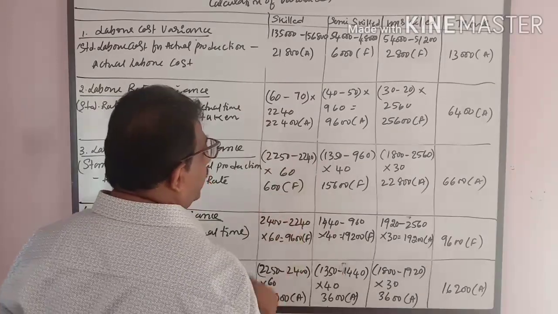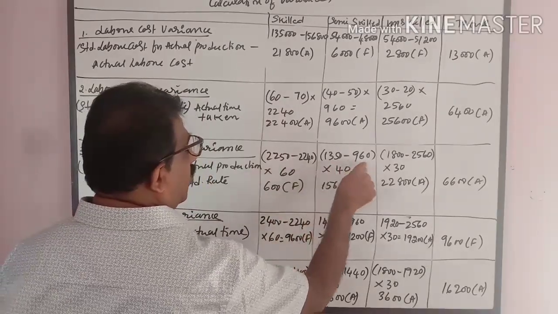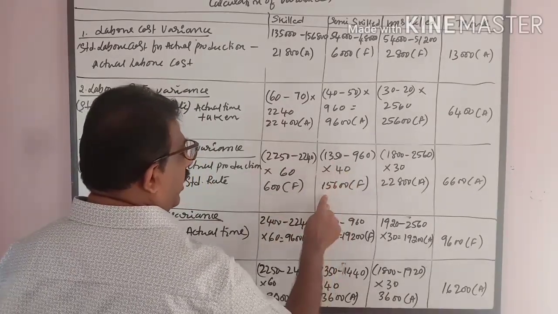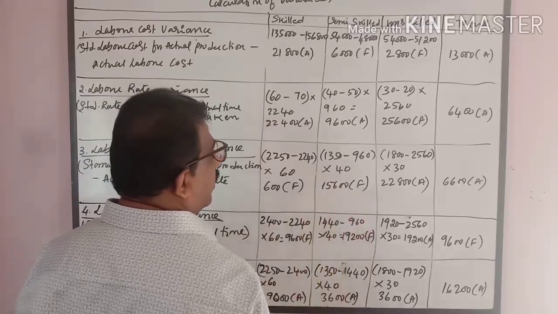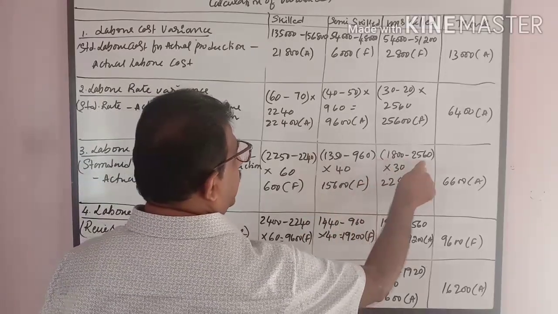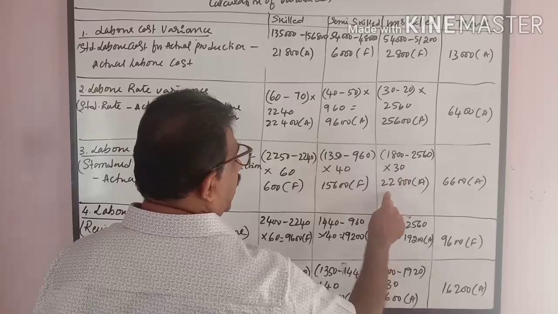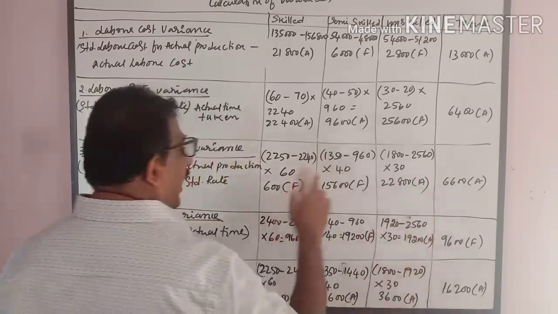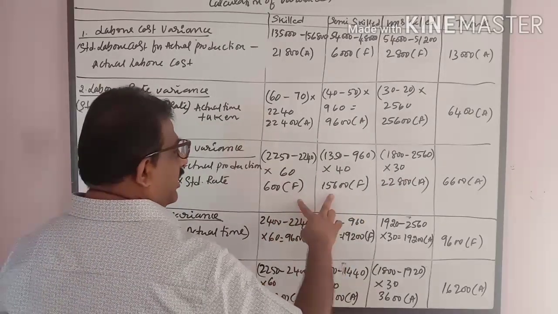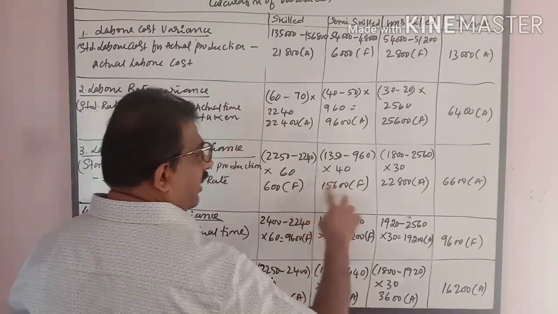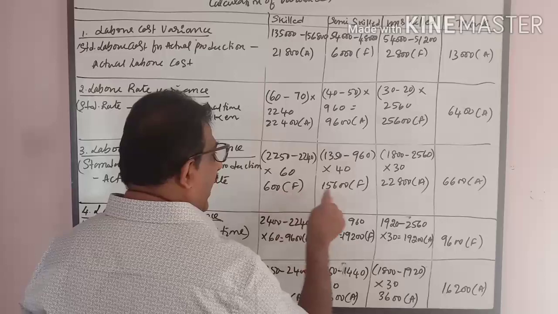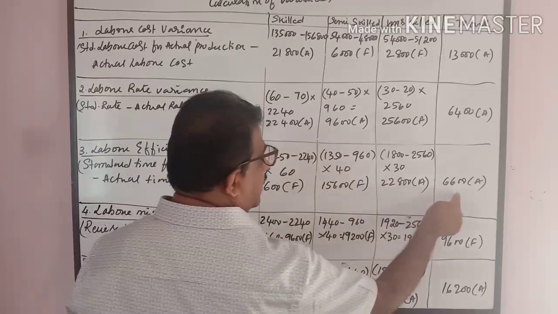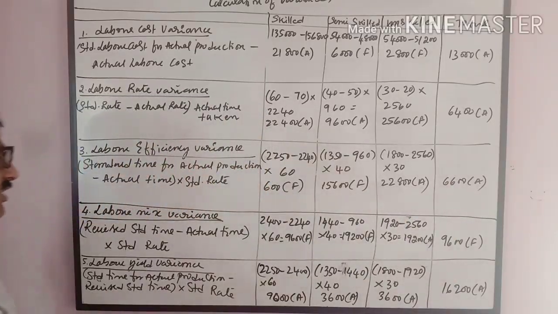For semi-skilled laborers, 1350 minus 960 into 40 is 15,600 favorable. 1,800 minus 2,560 into 30 is 22,800 adverse. When you calculate the total, these two are favorable and this is adverse. Add these two and deduct this, and we get 6,600 adverse.